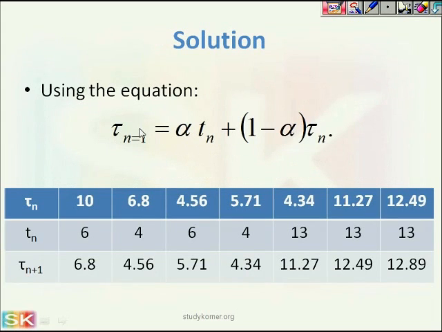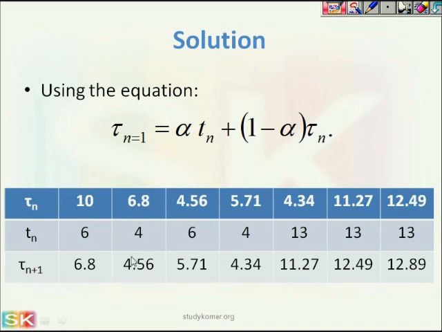So tau n plus 1 is equal to alpha, that is 0.8, times Tn, that is 6, plus 1 minus 0.8 times 10. So this comes out to be 6.8. Now next, tau n plus 1 is equal to alpha times Tn, which becomes 4, plus 1 minus alpha times tau n, which becomes 6.8, right?